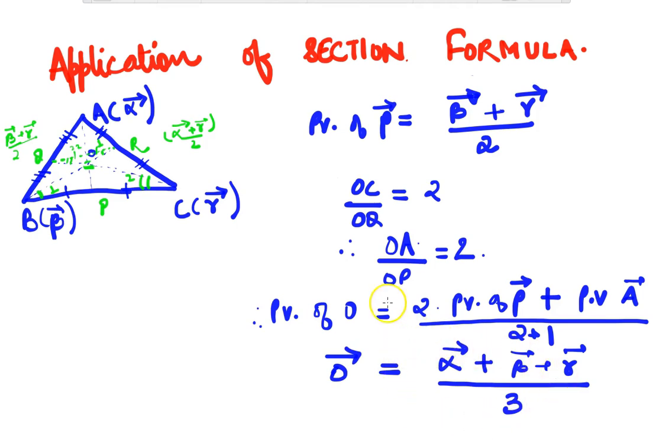Thus we proved that using the section formula, if we know the position vectors of the vertices of a triangle, which in this case are alpha vector, beta vector and gamma vector, then the position vector of the centroid of the triangle is given by alpha vector plus beta vector plus gamma vector by 3. Great.